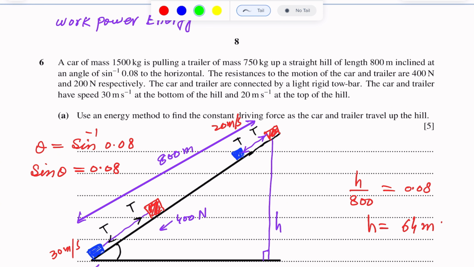So now the car and the trailer are moving on the horizontal level. We are making it in the same diagram. This is the horizontal level, car and the trailer.